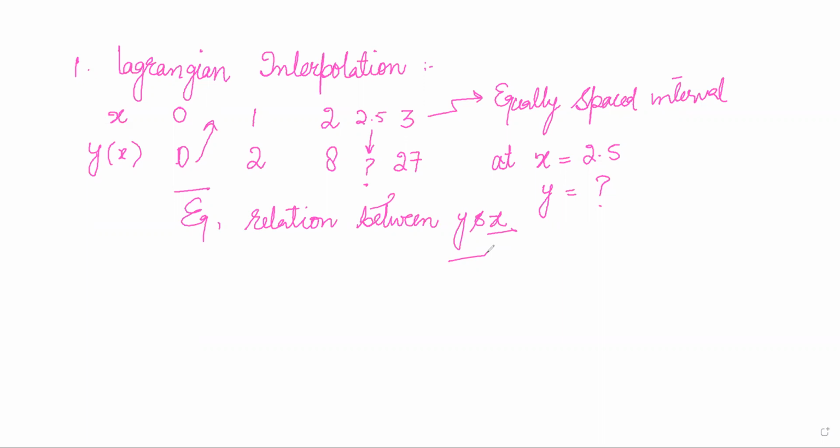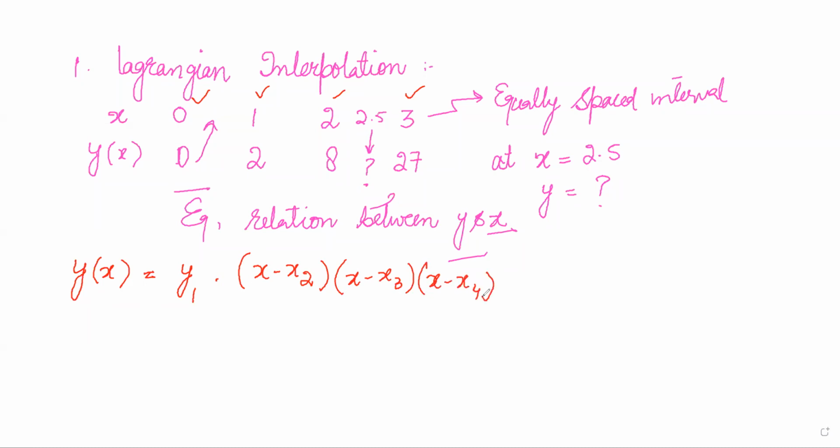Now look at how many points we are given. We are given essentially 4 points. This is x1, this is x2, this is x3, this is x4. The formula for Lagrangian interpolation, which I will derive in a while, is: y of x is equal to y1 multiplied by x minus x2 multiplied by x minus x3 multiplied by x minus x4.